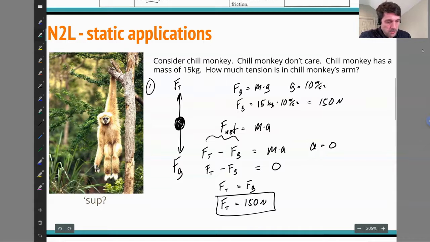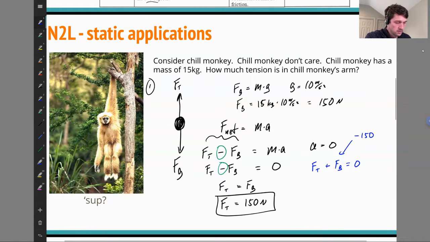An important note about this is I'm using this subtraction sign to imply direction. Another way of solving this would be to say force of tension plus the force due to gravity equals 0, where I plug in negative 150 for the force of gravity, indicating that that force is downward.